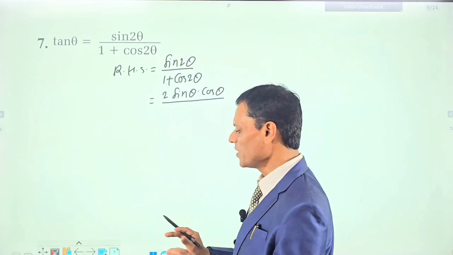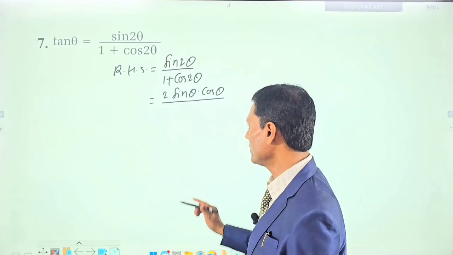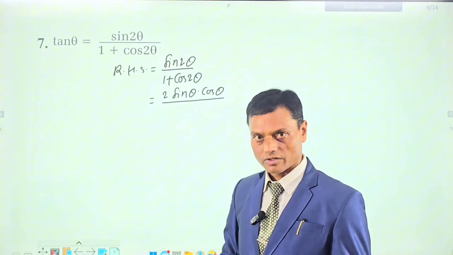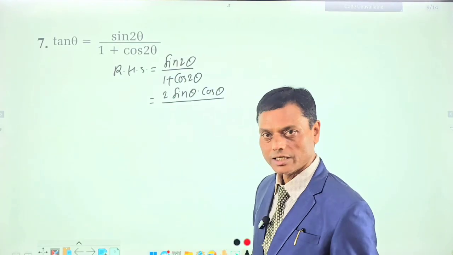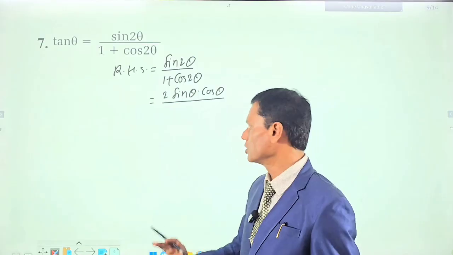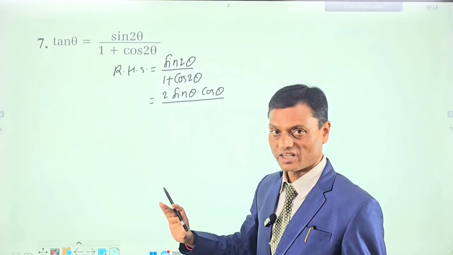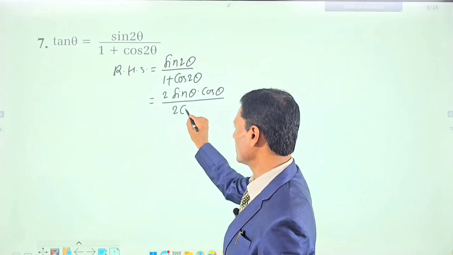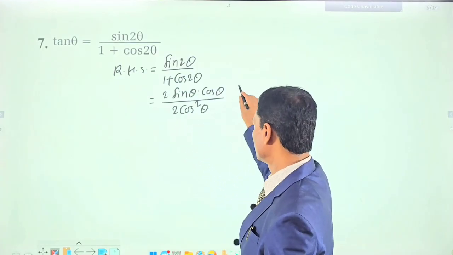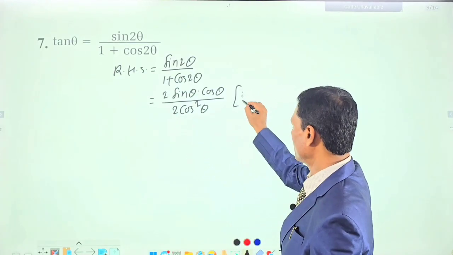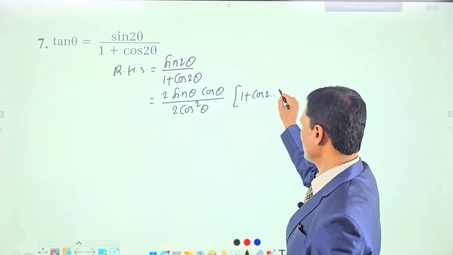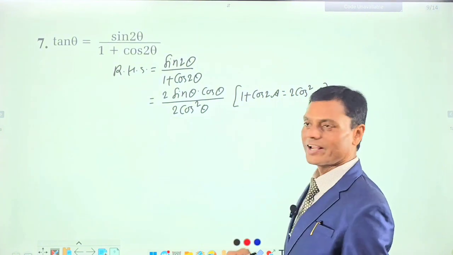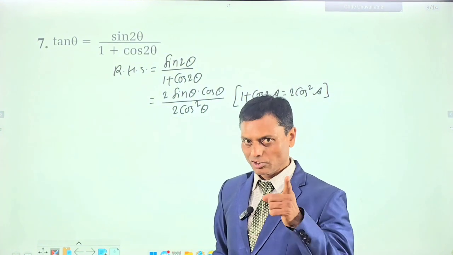Yes, I have already explained many times in the previous questions, in the previous part. So if you haven't watched the previous part of this identity, then please must watch so that you can understand all the solutions very clearly. So 1 plus cos 2 theta is equal to 2 cos square theta. Do not forget that 1 plus cos 2a equals 2 cos square a and 1 minus cos 2a equals 2 sin square a.